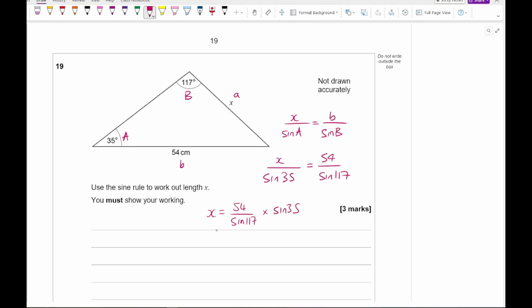And if I type that all into my calculator, then I get an x value of 34.76195373, and then it's just a case of rounding my answer, so I'm going to round it to 34.8, and that's going to be centimetres, and that's to one decimal place, to 1 dp.